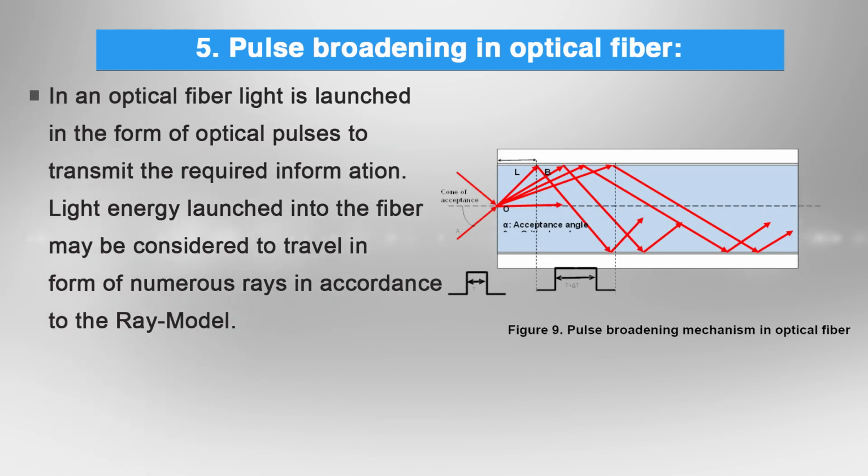In an optical fiber, light is launched in the form of optical pulses to transmit the required information. Light energy launched into the fiber may be considered to travel in the form of numerous rays in accordance with the ray model. These rays travel different paths inside the core of an optical fiber because different light rays are incident on the tip of the optical fiber at different angles within the acceptance cone itself.